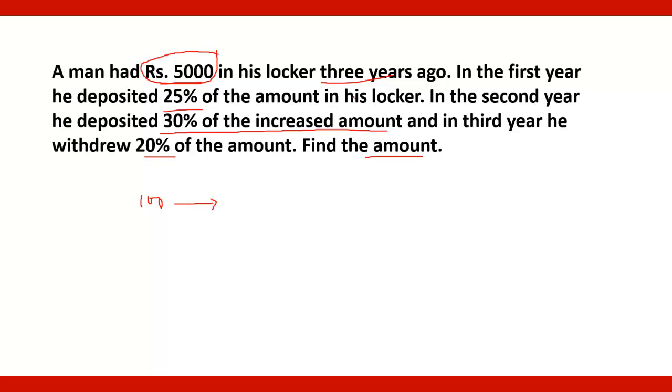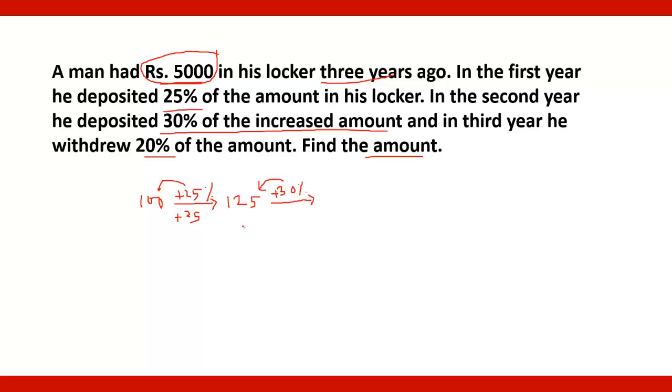So in the first year, he deposits 25%. So plus 25% it will be, and 25% of 100, that will be 25, and so the amount in the next year will be 125. In the second year, he deposits 30% of the increased amount, 30% of 125.